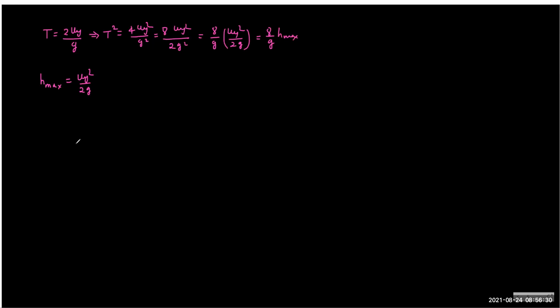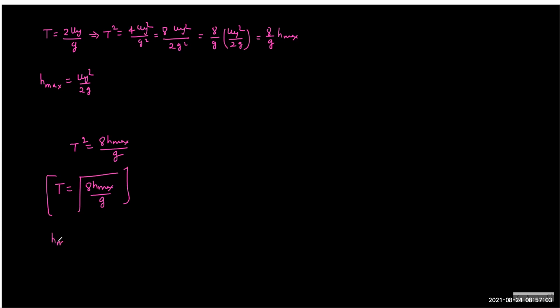So this leads to a formula that t square is 8h max by g, and therefore we always have this formula that t equals the square root of 8h max by g. So if we know the maximum height, we can directly find the time of flight without doing any other calculation, or you can derive it in the examination.